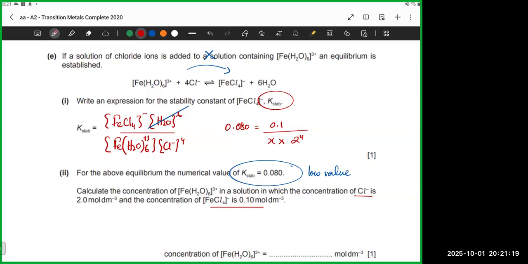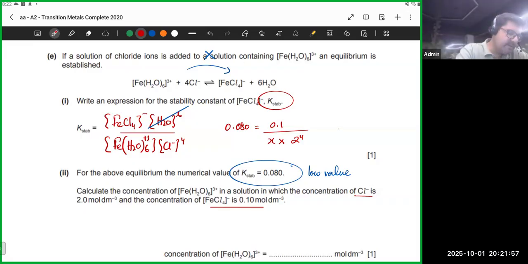Okay. 0.08, right? Yeah, I mean, the answer to this is 0.08.